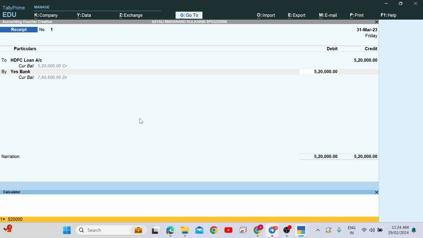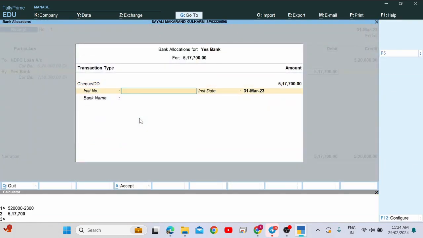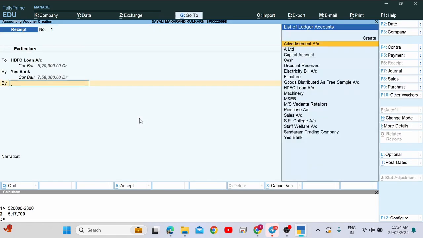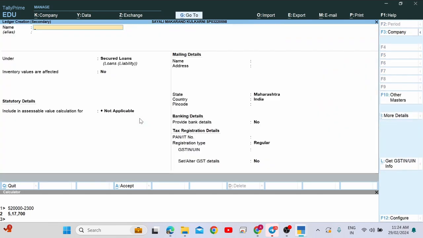Here also in the amount field, if you press Alt C, you will get the calculator. So 5,20,000 minus 2,300, this much amount you have got. A cheque of 5,17,700 rupees you have got, and this will be deposited, and then the rest 2,300 rupees.